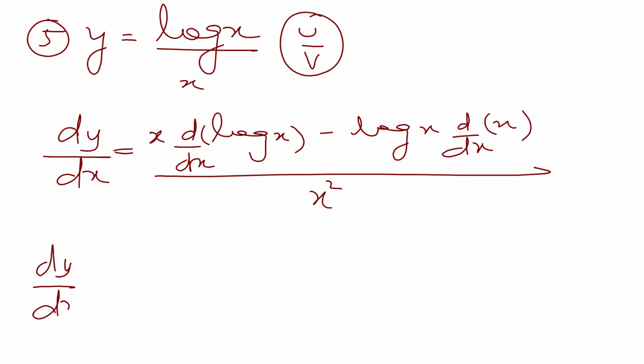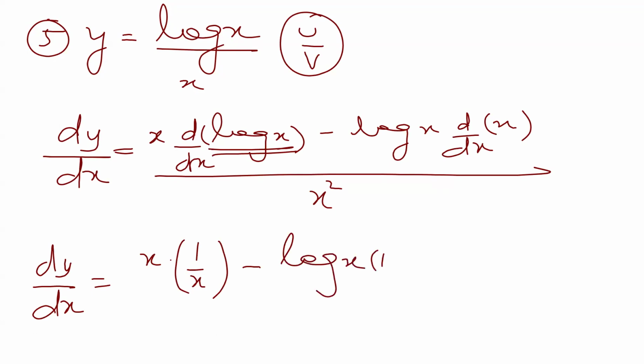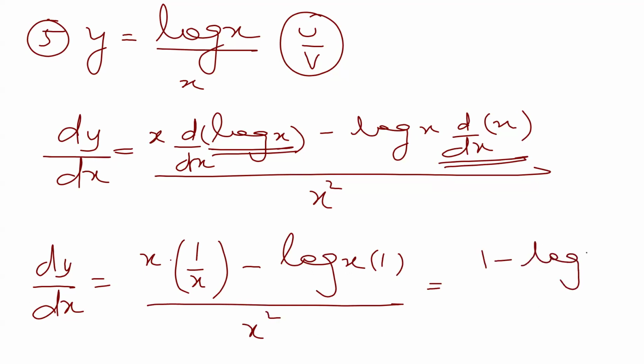So dy by dx is equal to x into 1 upon x, since the derivative of log x is 1 upon x, minus log x into 1, the derivative of x, upon x square. So this is 1 minus log x upon x square. How 1? Because we cancel this x and this x. So we got dy by dx.